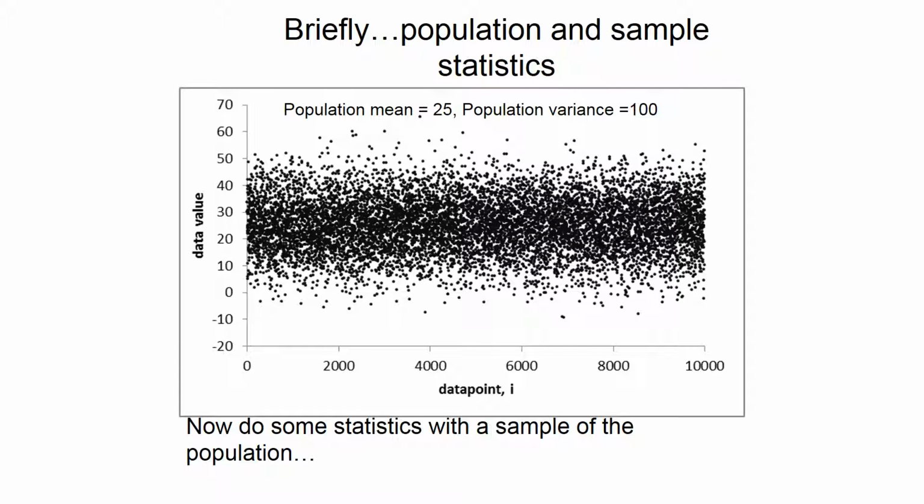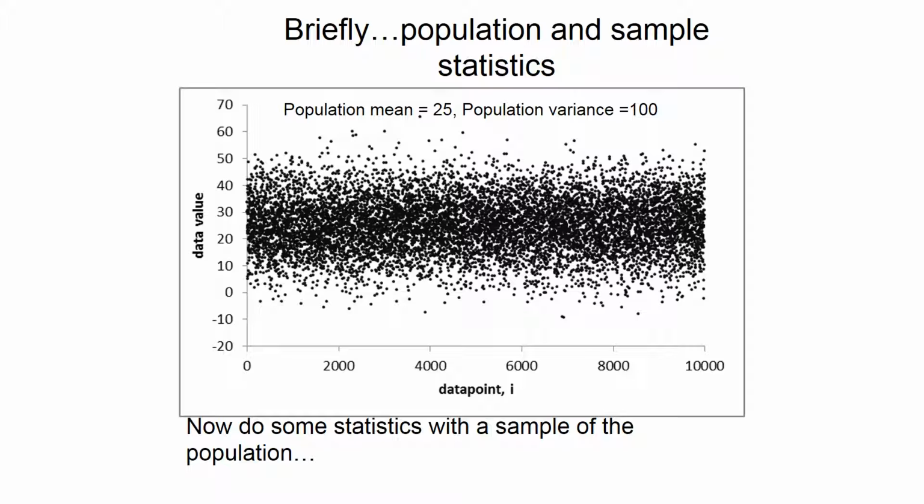Okay, so this is some random data that I generated in Excel. I made 10,000 data points that have a mean of 25 and a variance of 100. Most of the time you'll measure quite near to the mean, but sometimes you'll measure quite far away. It's a very large population.